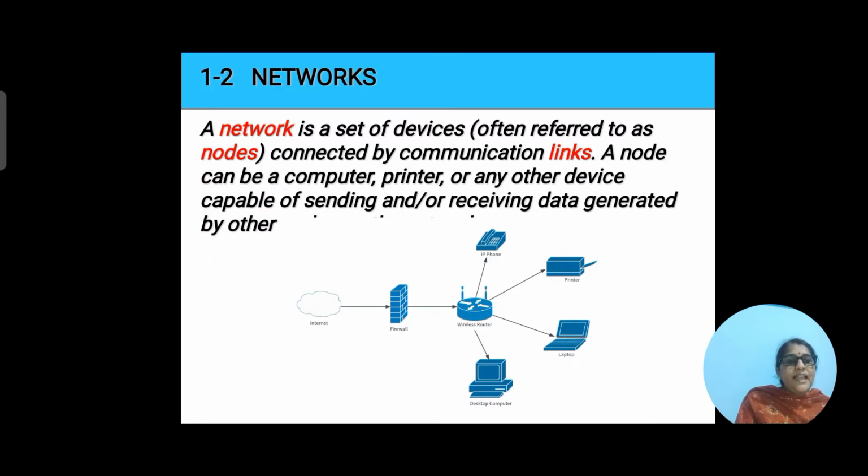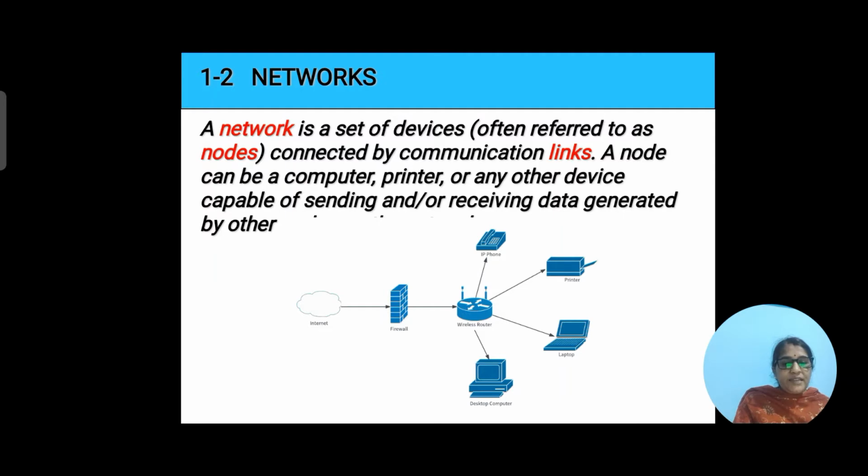As shown in this slide, we have connected the internet to a firewall, then to a wireless router. From the wireless router, we connected an iPhone, printer, laptop and desktop computer. So let's repeat the definition of a network. A network is a set of devices, often referred to as nodes, connected by communication links.